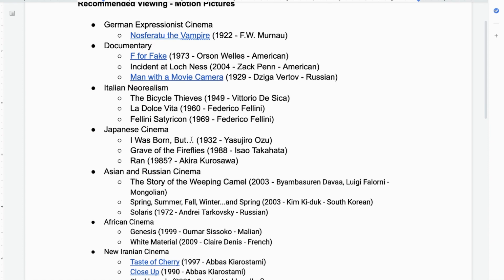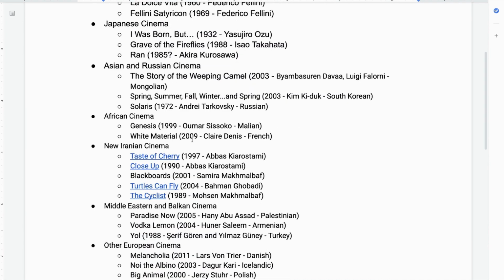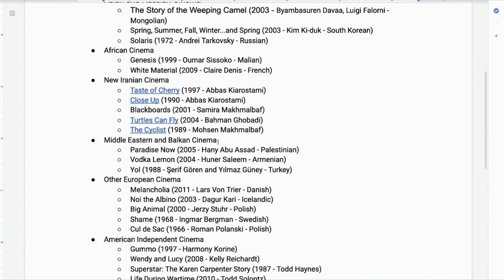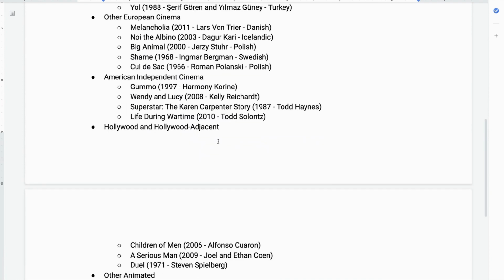Asian and Russian cinema, African cinema, New Iranian cinema, which is kind of my pet favorite among the group, Middle Eastern and Balkan cinema, other European cinema, American independent cinema, and Hollywood and Hollywood adjacent. There are some really important movies that have come out of our big Hollywood machine. None of the ones listed here are the kind you'd find on the side of a lunchbox, but still really worth looking at.